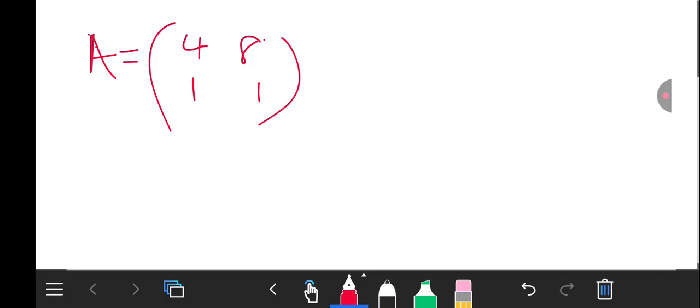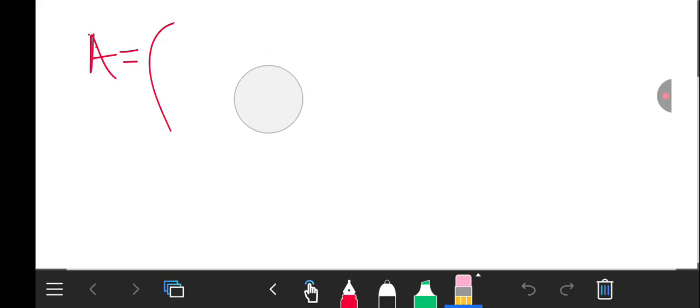Let's say we've been given a certain matrix, A, equal to 8, 4, 1, 1.